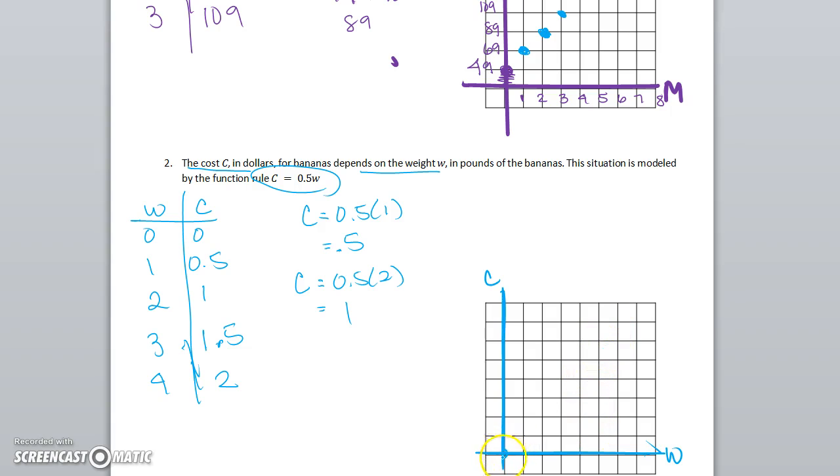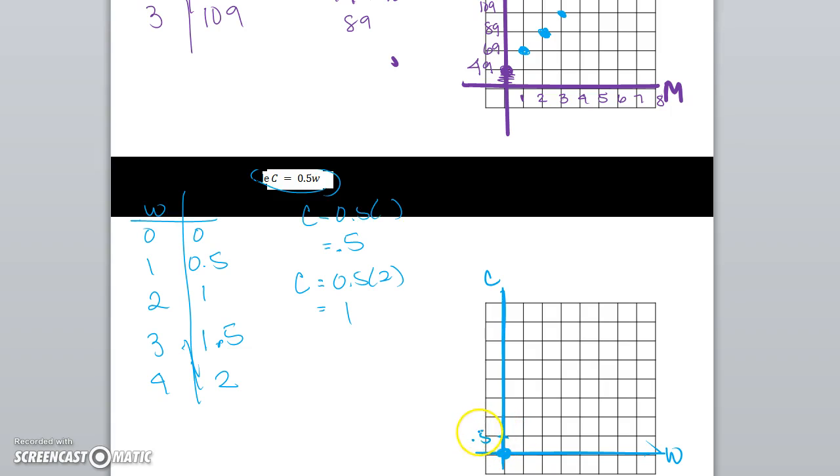So if I don't buy any bananas, then that's 0. Then for 1, it's 1.5. I don't know that I want to deal with these decimals. So what I'm going to do instead is make this first value right here 0.5. And then my next one will be 1, then 1.5, then 2, then 2.5, then 3, then 3.5, then 4.